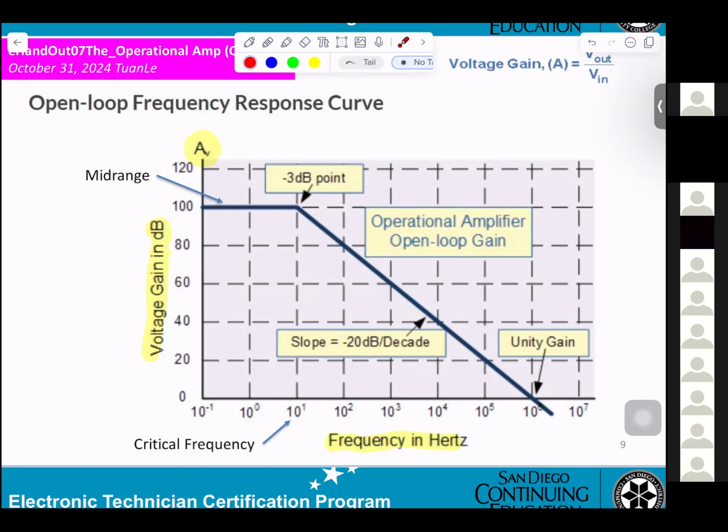That unit will be in hertz. Okay, and this is what they call the critical frequency. Now, if you look at this point, on this point you're looking to the left, what does the gain equal?